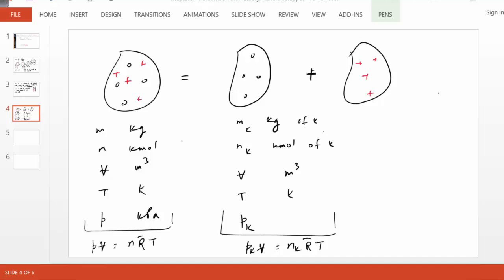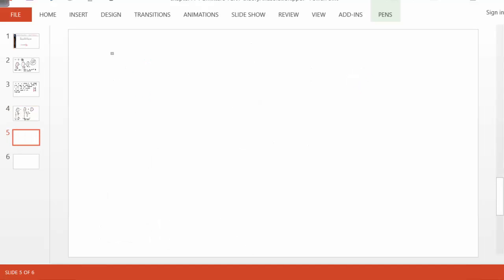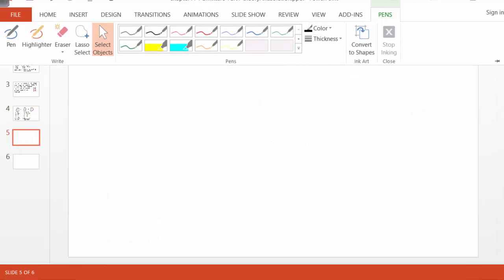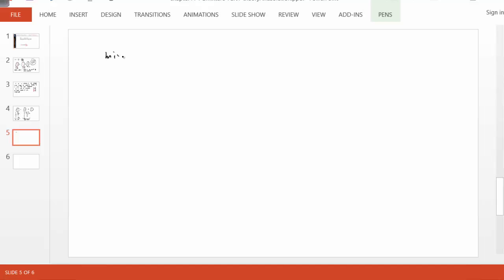Okay, let's write down these two equations again. For the mixture, the ideal gas equation of state is valid, where P is total pressure, or the pressure of the mixture, V is the volume, N is the mole, R bar is the universal gas constant, and T is the temperature.